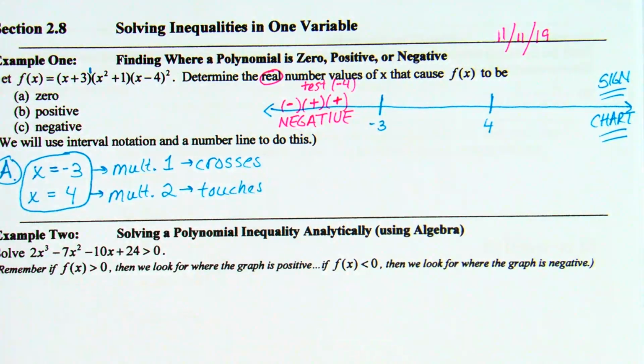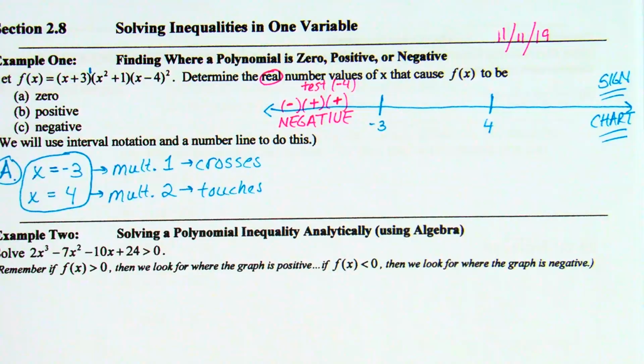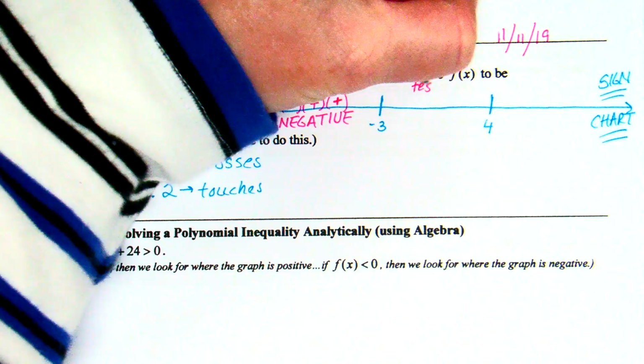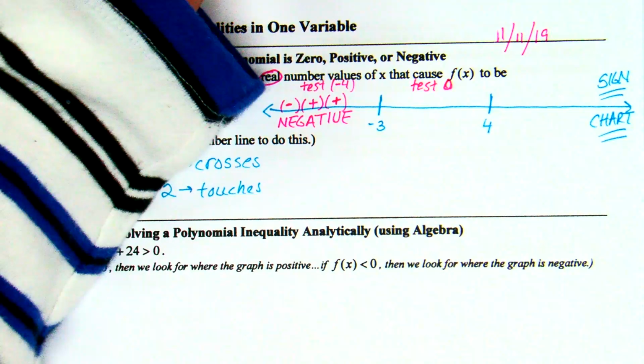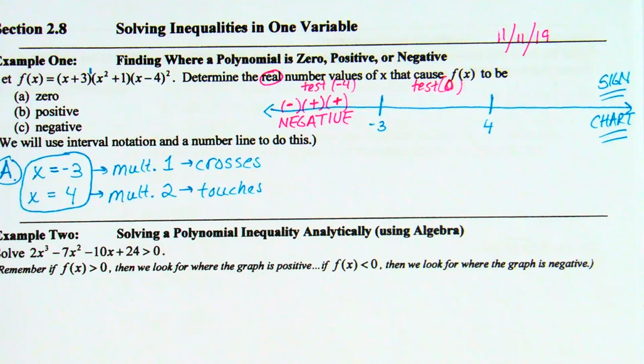Can we do the same thing from negative 3 to 4? Pick a test value. What do you guys want to use? I always use 0 when I can. You have to pick something that is between negative 3 and 4 and not specifically negative 3 or 4. So negative 2, negative 1, 0, 1, 2, 3. Those would be your easiest pieces.